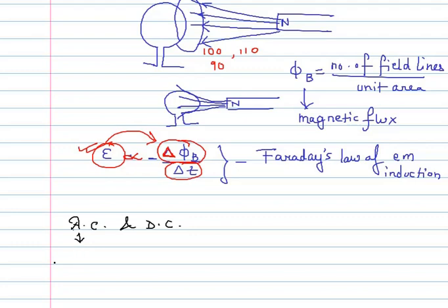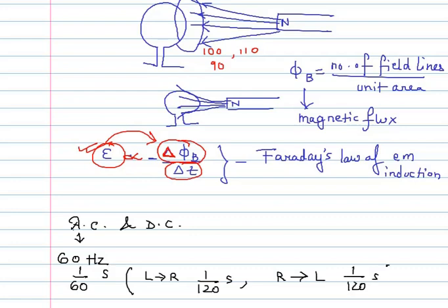If you have an AC current of frequency 60 Hz, it means that the current changes its direction every 1/60 of a second. So it flows from left to right for 1/120th of a second, and then from right back to left for the next 1/120th of a second. That is what the frequency means.